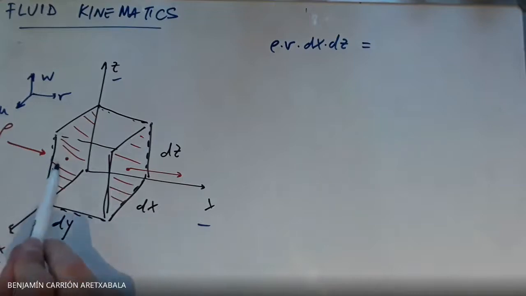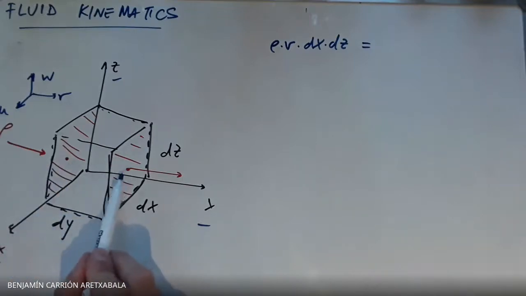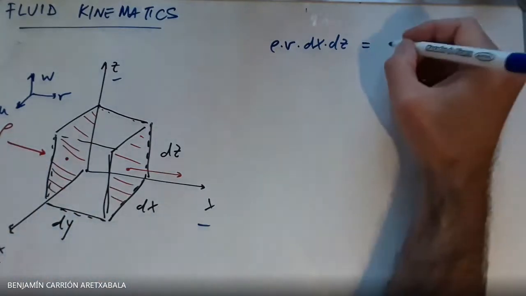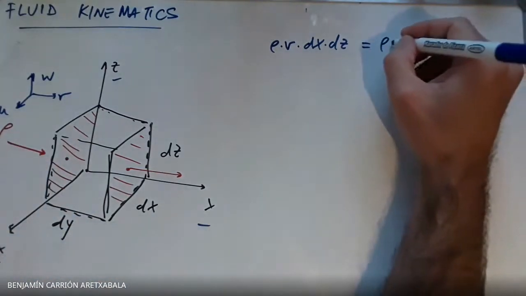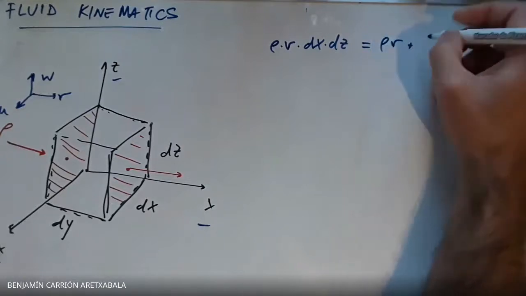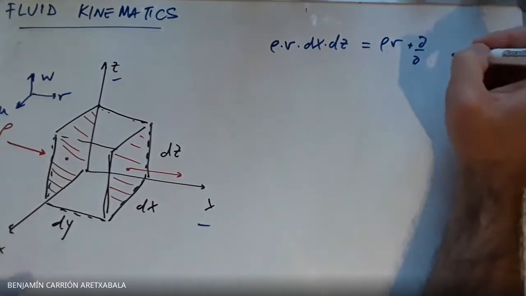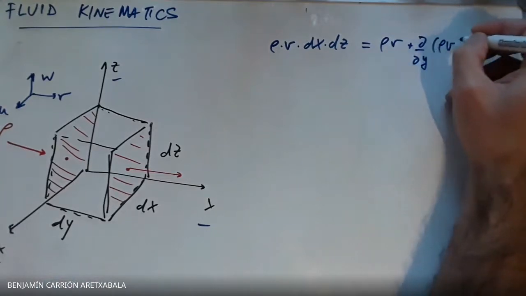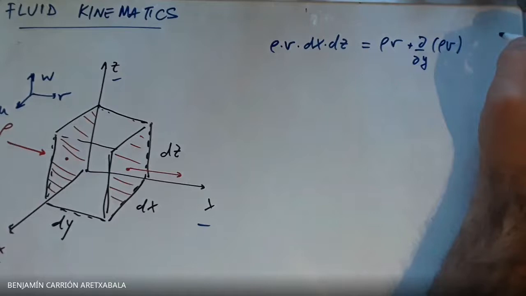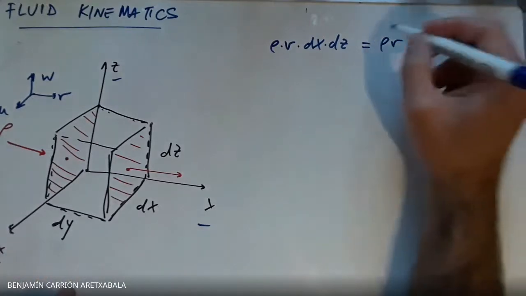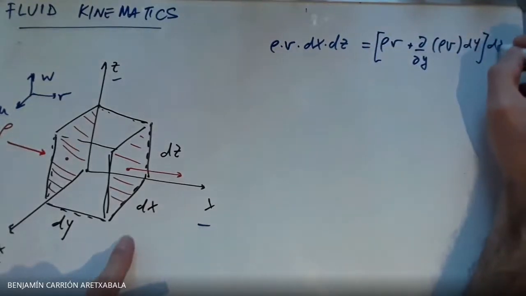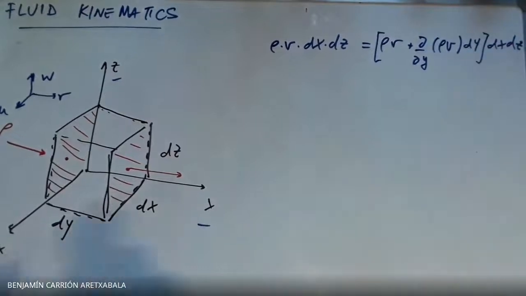We know the velocity at this point, and the velocity here is going to be the velocity at this point plus the derivative. So the mass coming out is going to be rho v plus the derivative with respect to y of rho v, times the distance it traveled in y, and all of this times the area of this square, which again is dx dz.